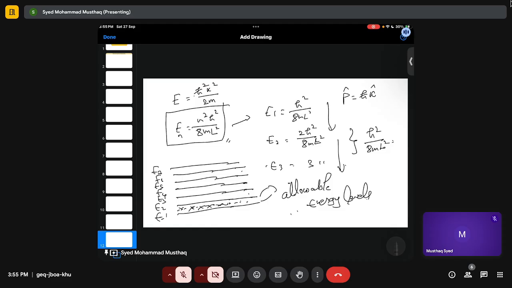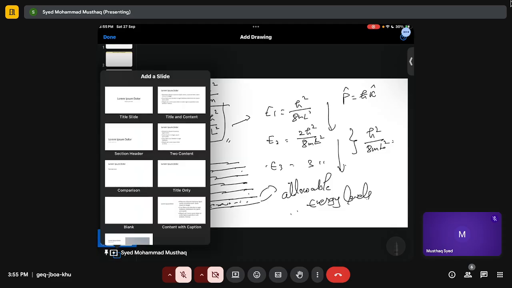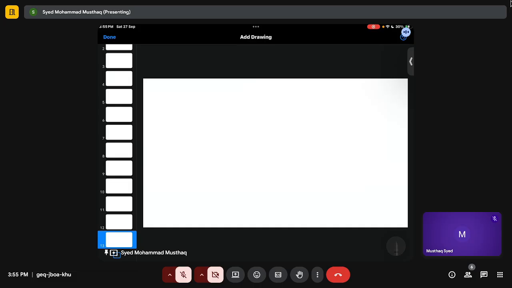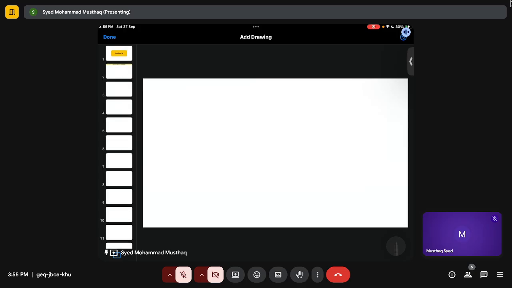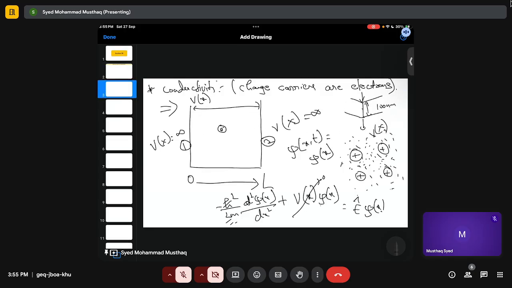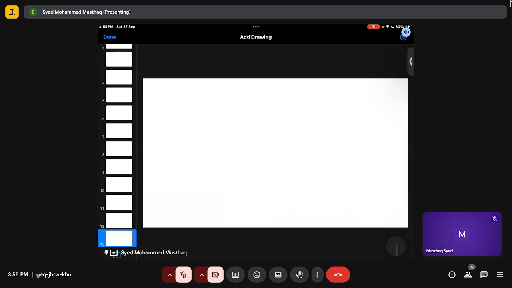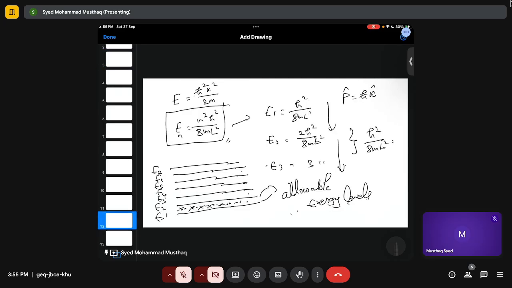Okay, so now you understand whenever you confine something. We were discussing this problem, right? What happens if you confine something in a little space? If you confine something in a little space, then the energy values will get quantized. It will not have a continuous energy value. So it means it cannot take any energy value, right?